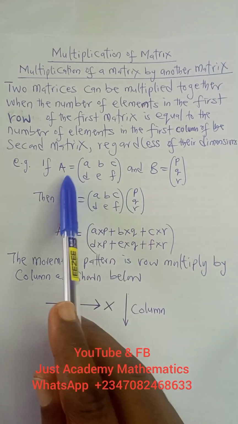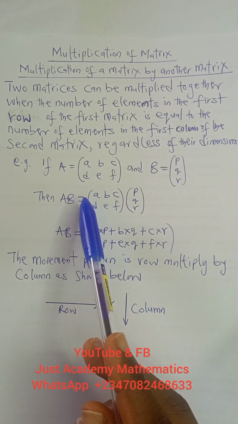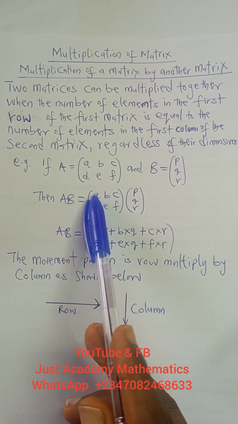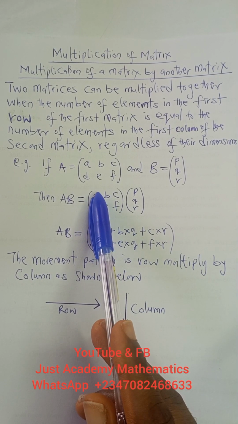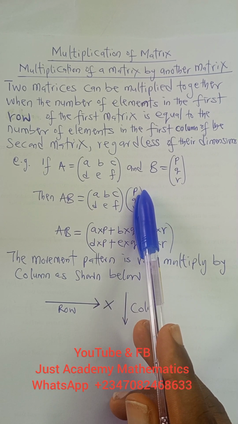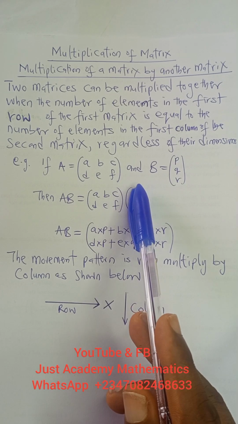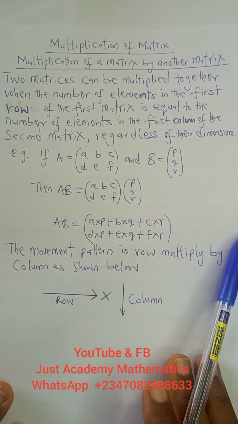We want to multiply these 2 matrices, then AB means A times B. Now notice that the first entry on this first row is A. We multiply it by the first entry on the first column, this only column, we have only 1 column here.